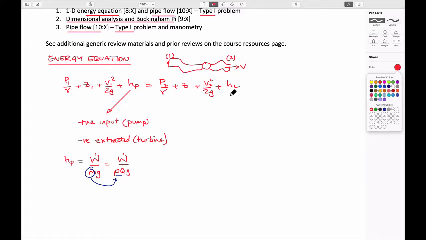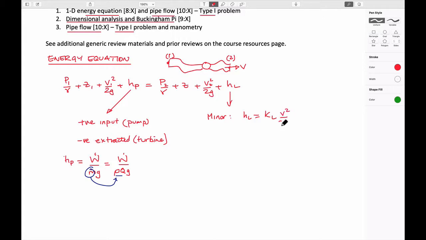In this expression, the head losses we know are for minor head losses, such as in fittings and elbows, the head loss is equal to some loss coefficient K sub L, which are usually given if you need it, rather than needing tables, multiplied by the velocity head within that part of the system. If you don't know what that is other than the pipe going into it, you assume it's the velocity in the pipe.